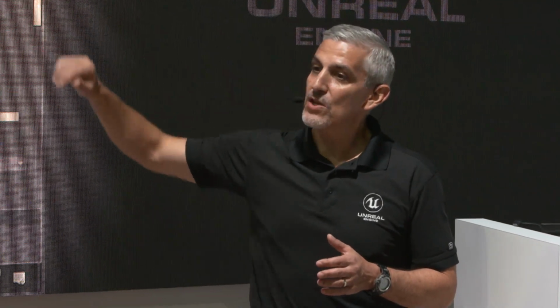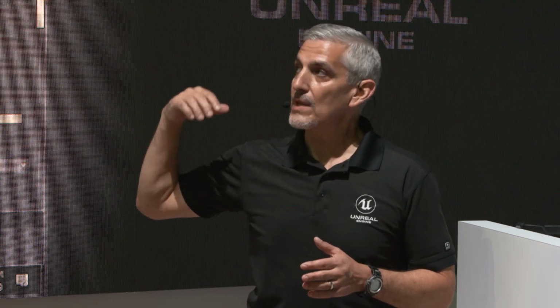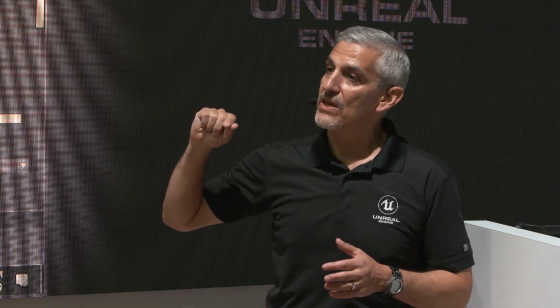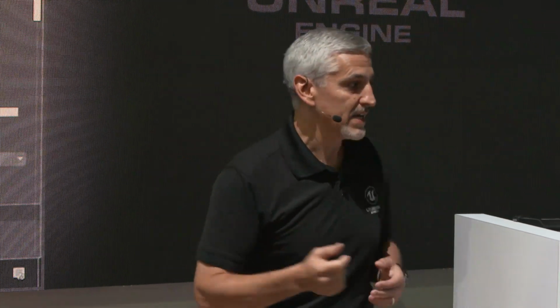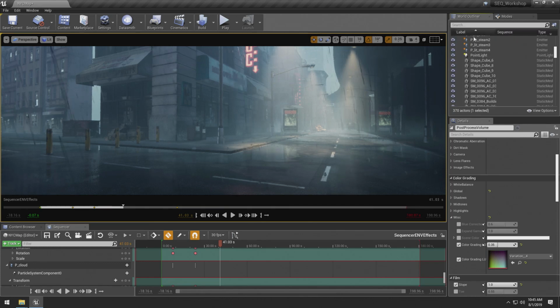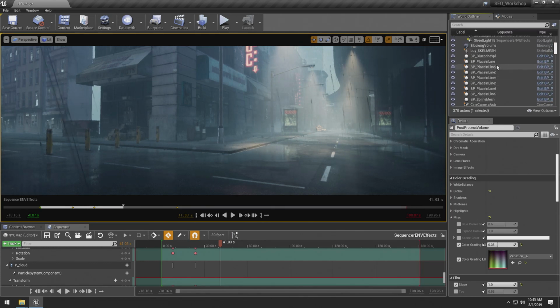And so the rain is always there, but I'm actually reaching in within Sequencer and telling the texture not to show up at the beginning of the scene, right? So there's always a texture map there, and the rain is always falling, and I can prove it to you. Let me select the rain. I can go into my world outliner and find all of the rain in the scene.